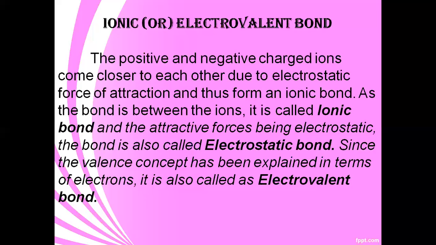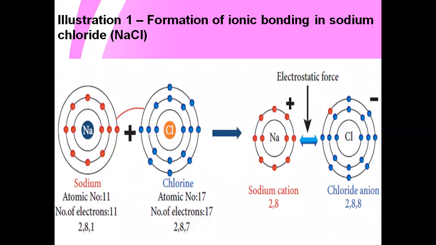So for example, how is the ionic bond formed in sodium chloride? Okay. So we have taken two atoms, one is sodium and another one is chlorine. The electronic configuration of sodium is 2, 8, 1, and the chlorine electronic configuration is 2, 8, 7. Okay.